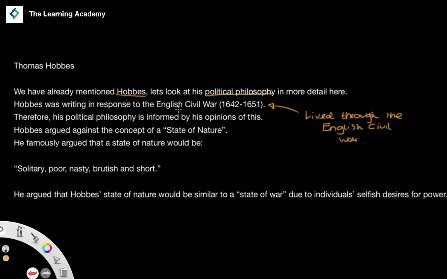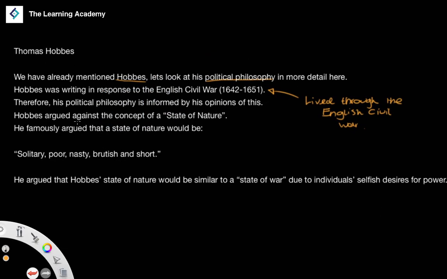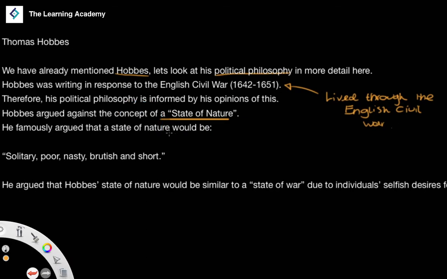So his viewpoint, the lens in which he describes his political thoughts, can be seen as a response to the English Civil War, which took place between 1642 and 1651. And so, therefore, he argued against the concept of a state of nature, the state of nature being a stateless society.